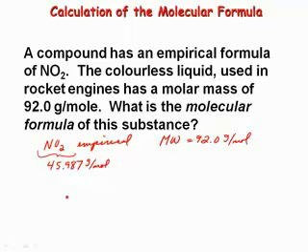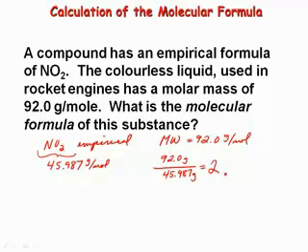So I'm going to take the molecular weight of the actual molecule, divide it by the molecular weight of the empirical, and round that. It should be approximately a whole number, and this one is about 2.